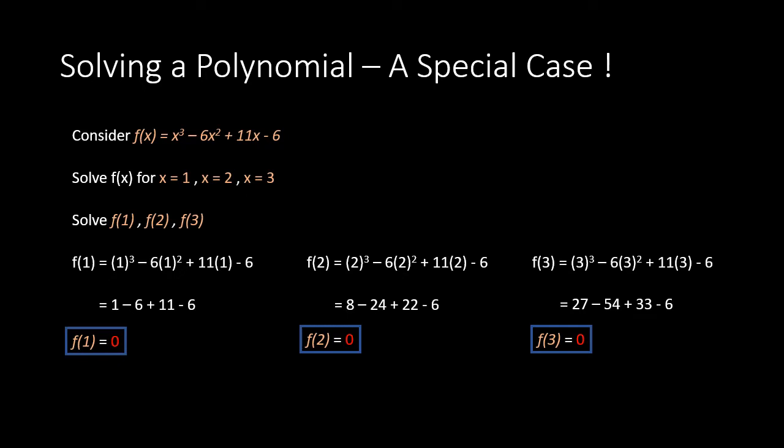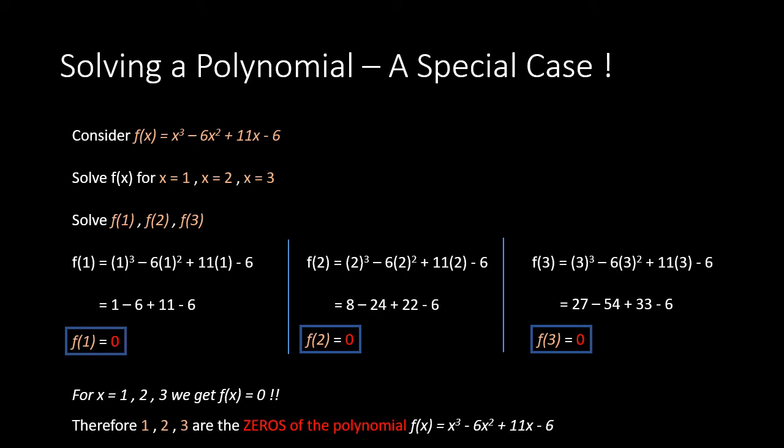So what did you observe here? When I substitute three different values of x in the polynomial, I get the same answer, and that is 0. This means something. For x equals 1, 2, 3, we get f of x equals 0, right? So 1, 2 and 3 are called the zeros of the polynomial f of x.